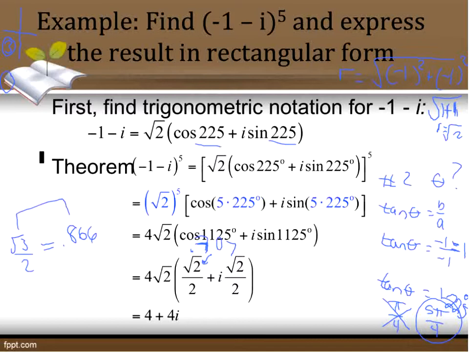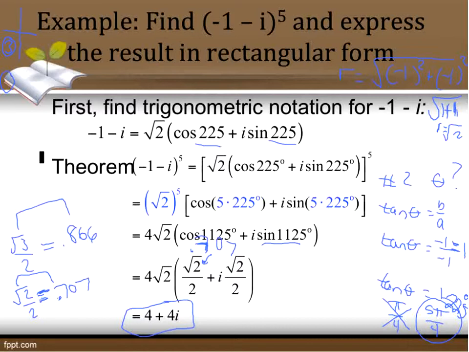That way you know that these two are equivalent. Just like if you type in root 2 over 2, that's 0.707. I just want you to recognize that these are equivalent because we're going to see them so often that I want you to be able to go back and forth. So they just changed cosine 1125 to root 2 over 2, and same with the sine to root 2 over 2, and then just reduced.